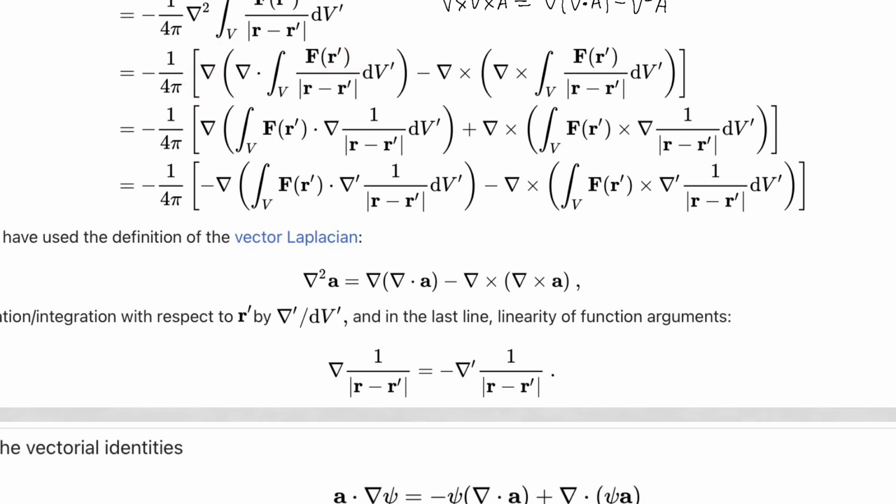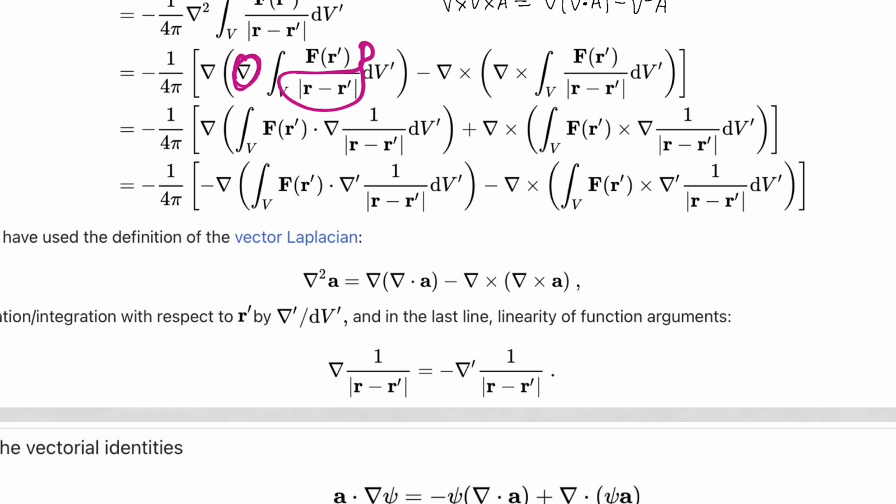Likewise, the gradient out front too, but the divergence is what we're focusing on right now. So this is basically a constant as far as this divergence is concerned, and the only piece that's not is this piece right here, the 1 over r minus r prime, right? So this divergence operator is now the divergence of just that 1 over r minus r prime.